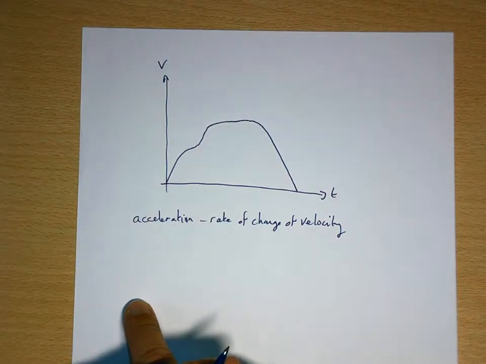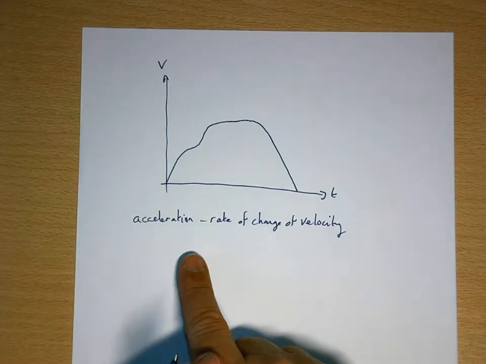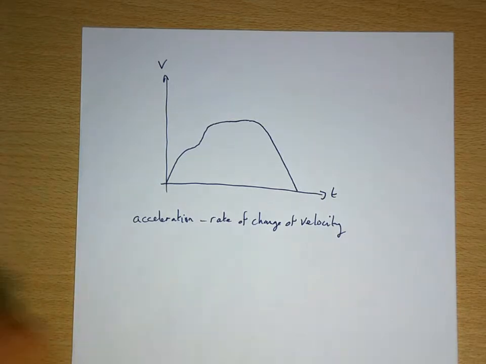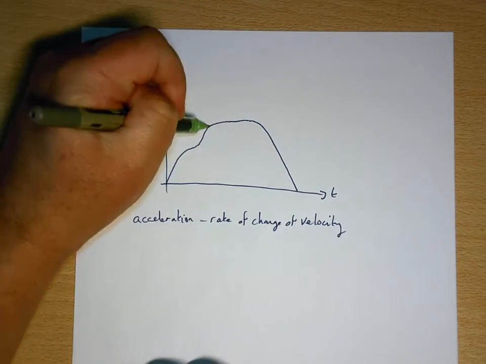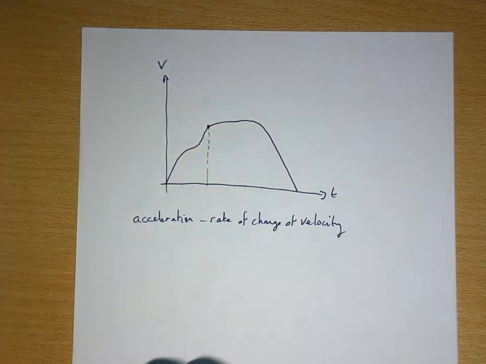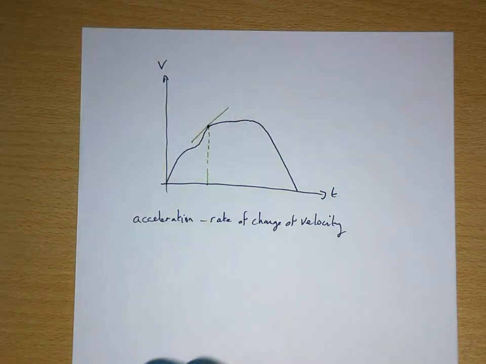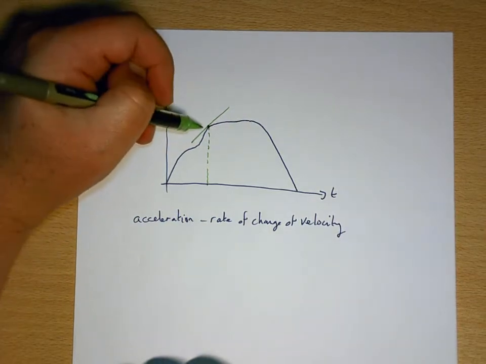And what we have to do at GCSE level in order to ascertain its acceleration is we have to estimate its gradient. And the way you would estimate the gradient, if you wanted to know what the acceleration was at that particular point, is you would draw a tangent to the curve at that point.